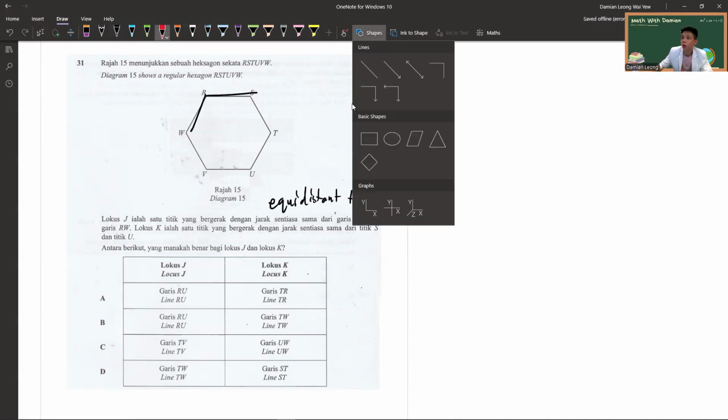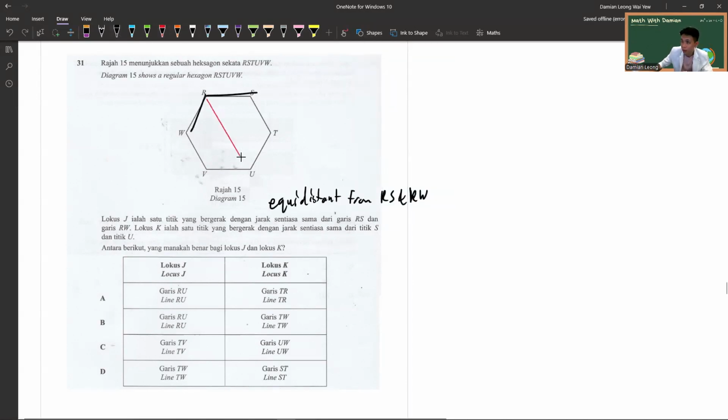You want to remember all the different types of locus. Okay, in this case, angle bisector, which is the line RU.